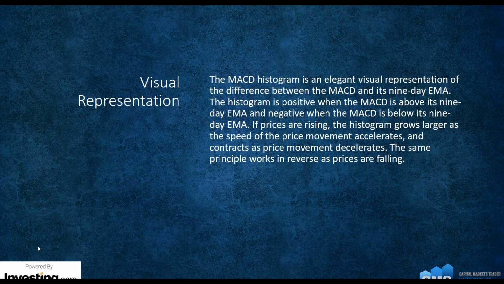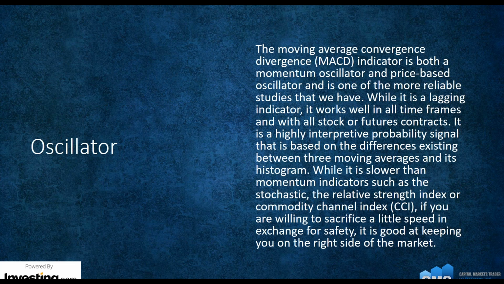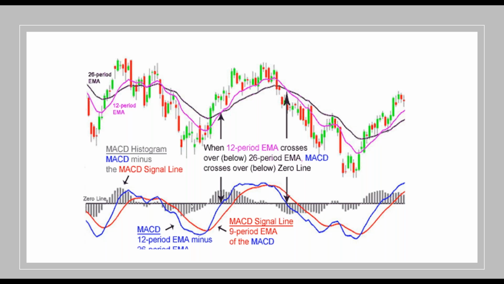Now, MACD is all about visual, or seeing a visual representation of price. So, like I said, it's complicated. So when we look at this little graph here, we can see, okay, we have the 9-day and the 12-day. We then have calculated that into the MACD line and the MACD signal line.